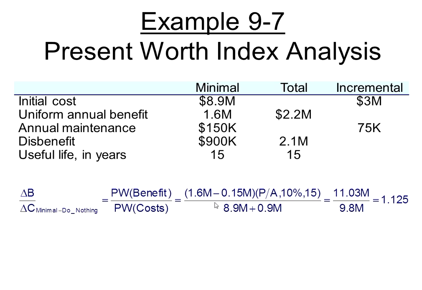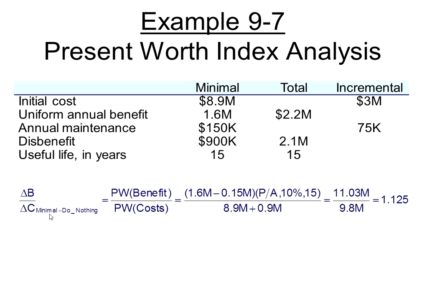This difference is the annual amount. We want to find this P equivalent, the present worth equivalent. So P/A, and here we have discount factor P/A, 10%, 15. Evaluating the top and the bottom, we get a ratio value of 1.125, which is higher than 1. So we choose the higher cost alternative. So we choose minimal.